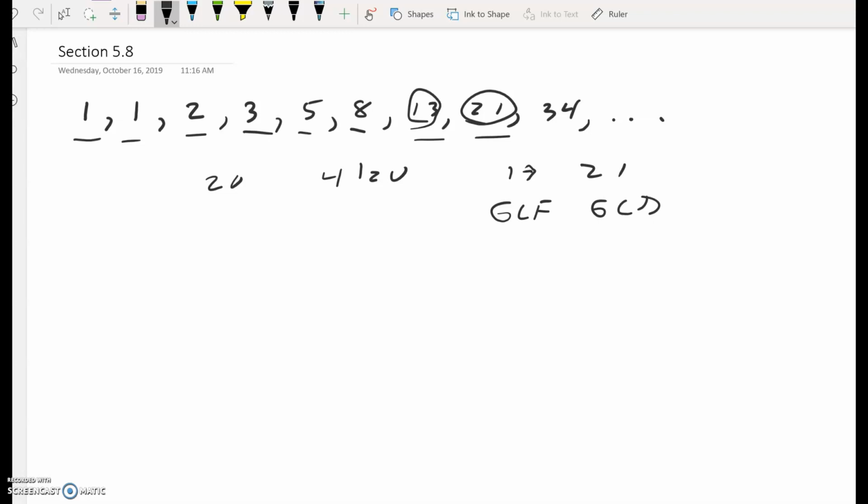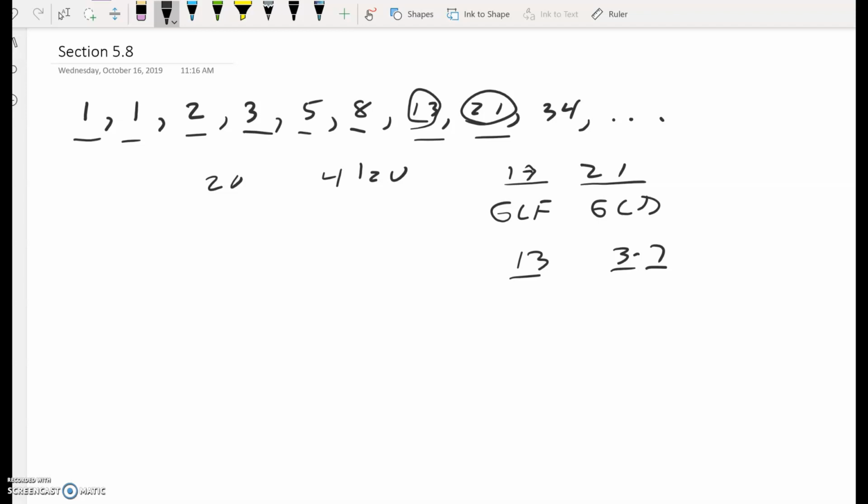So notice the biggest number that divides evenly into 13 and evenly into 21 is 1, because 13 is prime and 21 is 3 times 7. And so when we go to find the common factors in 13 and 21, there aren't any.